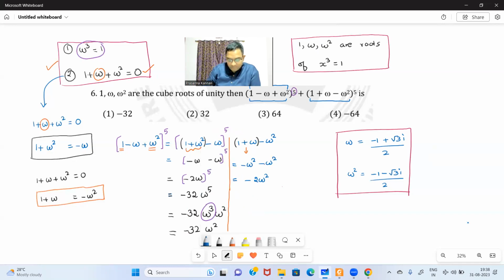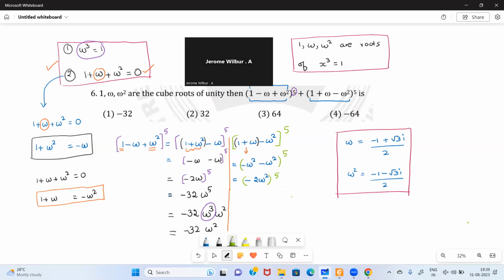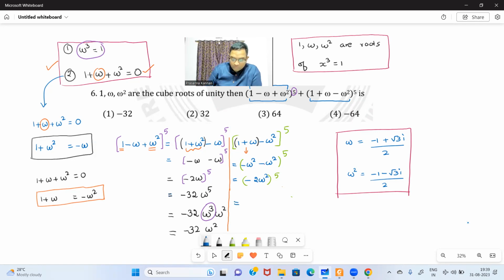Now, similarly, this is not 1 plus omega minus omega square, but the whole thing power 5. Is it okay now? Yes, sir. So now tell me, what is minus 2 power 5?